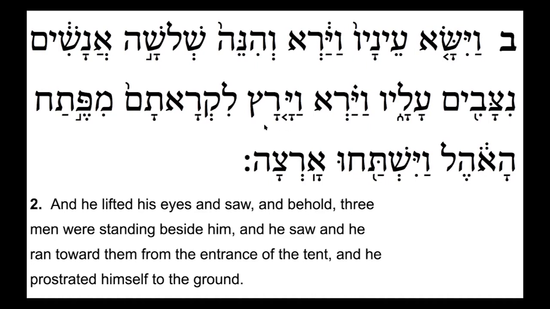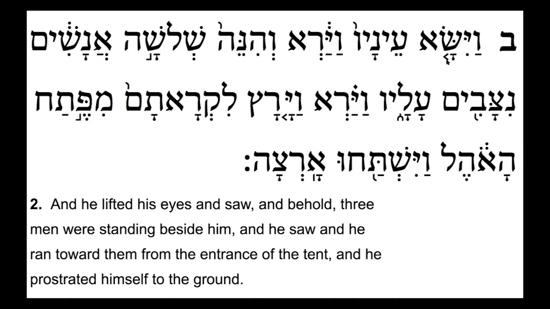And then we have Vayaratz, which means and he ran. Look, in Vayisa there's a yud right here, and in Vayar there's a yud, and in Vayaratz there's a yud. The yud in all of these makes these verbs third person masculine, which always means he.